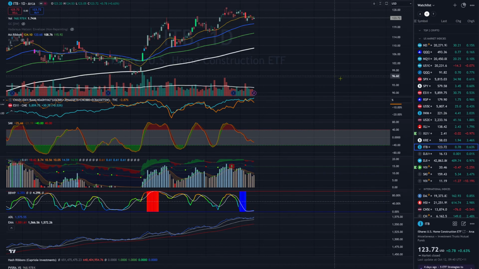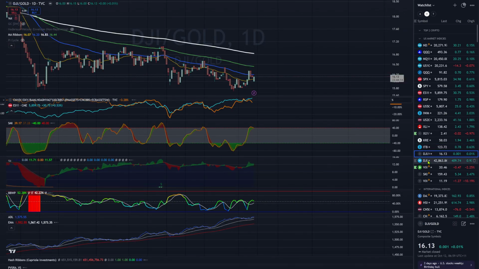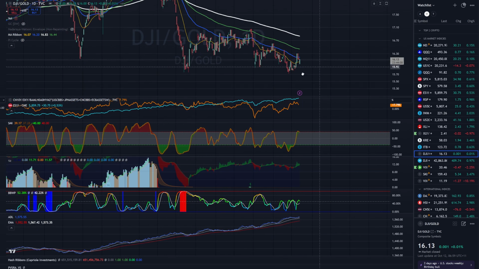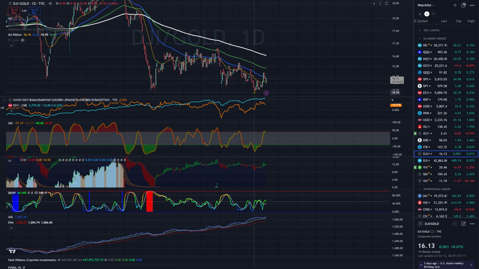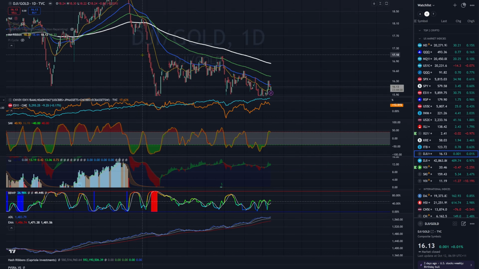Home construction, flat, but a positive Friday. So this is an indicator that it'll be interesting to see if this works this time around. We're looking for breaks below at 15.8 roughly. Call it 15.